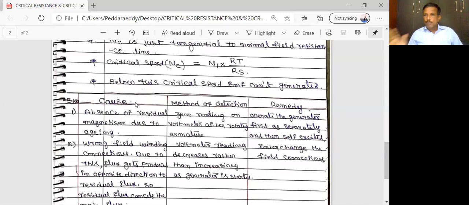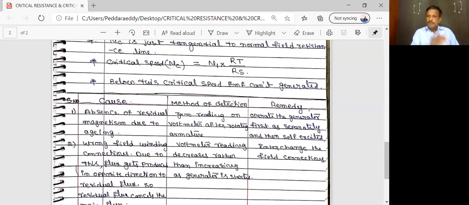First of all, what are the causes for failure of buildup of EMF? Yesterday we discussed how voltage builds up in a self-excited generator. But there are some problems which obstruct the voltage buildup.